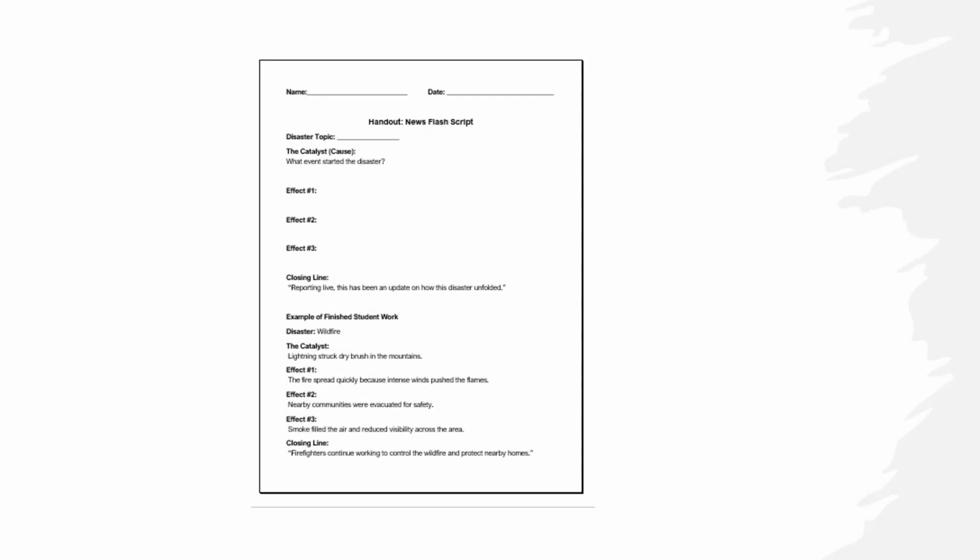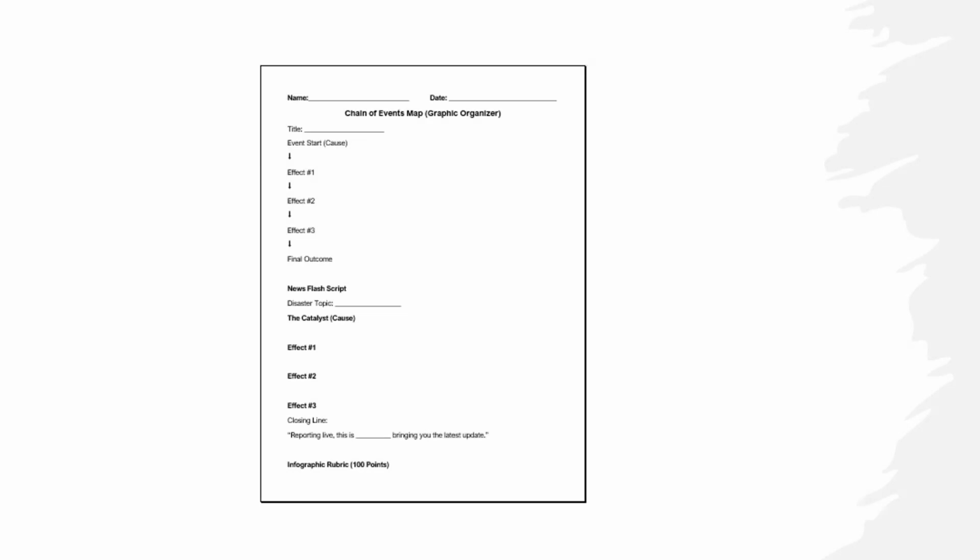And then at the end, they give me a closing line like reporting live. This is the little video that I implemented, only 45 to 50 seconds, where they give me a highlight: I'm here, storm hit, lightning struck, house is on fire, the cause was the lightning strike, something to that effect. Then we're going to move on to my next one.